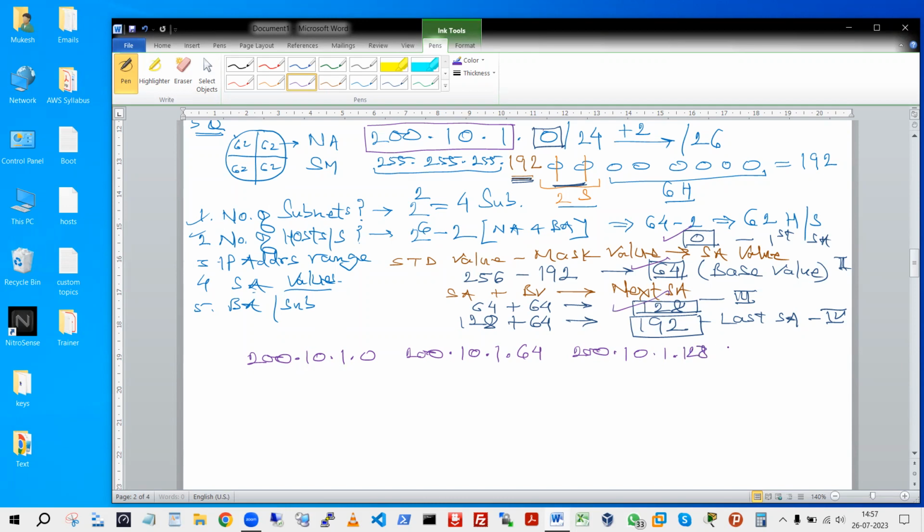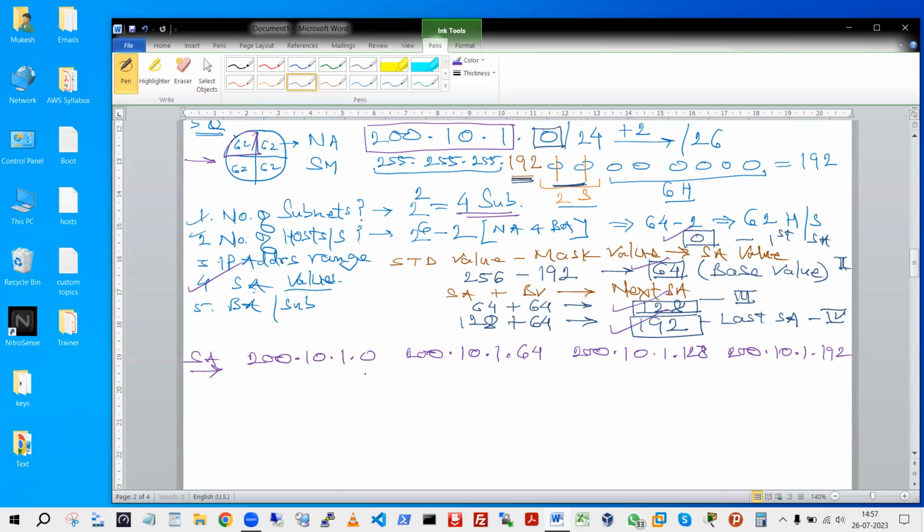And finally, the last subnet is 201, this 192. These are the 4 subnet values. This question is answered. You can cross verify, 4 subnets. This network is getting divided into 4 subnets. ये एक सबनेट है, 4 सबनेट हैं, और ये हैं 4 सबनेट values.